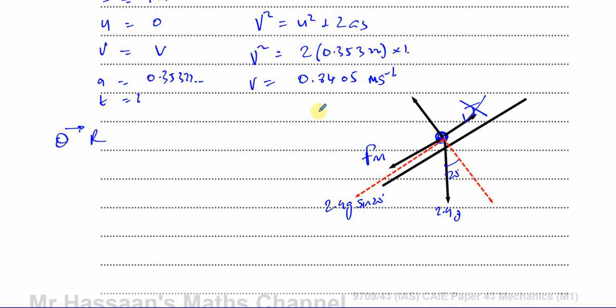So if we consider the forces acting up the plane, then these two forces are acting down, so they are negative. So negative F max, negative 2.4 G times sine of 20 is equal to the mass, which is 2.4, times this new acceleration. So now we have minus, so F max is basically going to be this value here, which is 1.01 times 2.4 G cosine 20.